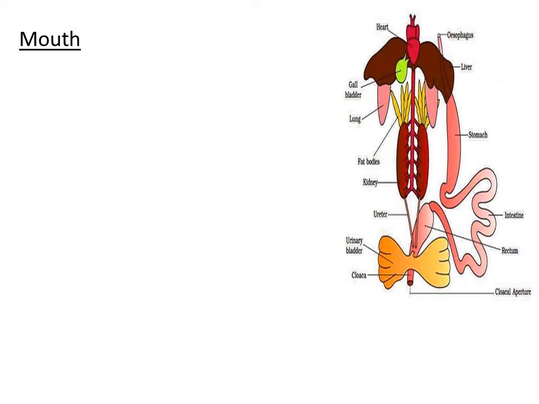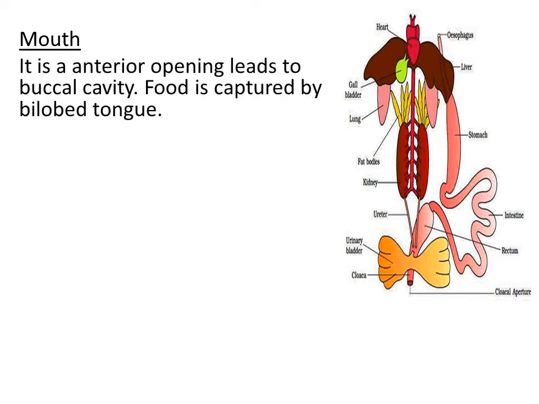This bilobed tongue is actually present in the buccal cavity, right? In our body, the mouth is connected with the buccal cavity; in the similar way in the frog also, the mouth is connected with the internal structure that is called the buccal cavity. So the buccal cavity consists of a bilobed tongue.